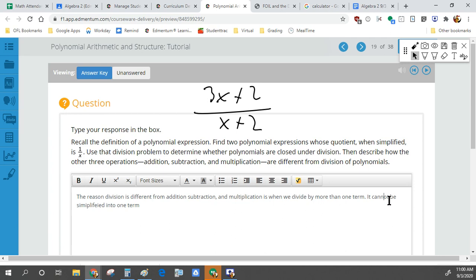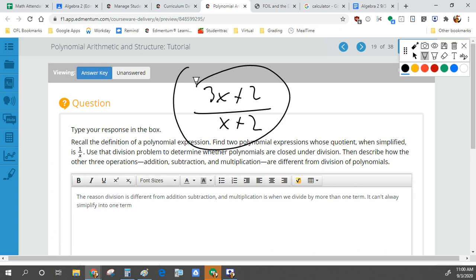Let me phrase this better. You can't always simplify into one term. Sometimes you're stuck like this. So that's why it's different. When you're multiplying, you can simplify it into individual terms.